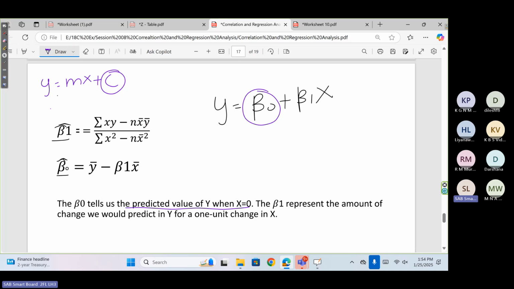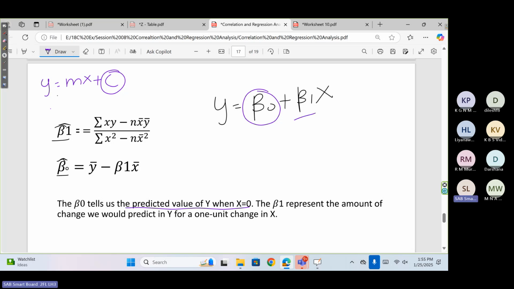Beta naught means the predicted amount of sales when the advertising expenditure is 0. If we do not spend any amount on advertising, we look at what our sales revenue is. That is the meaning of beta naught. Then what is the other one?